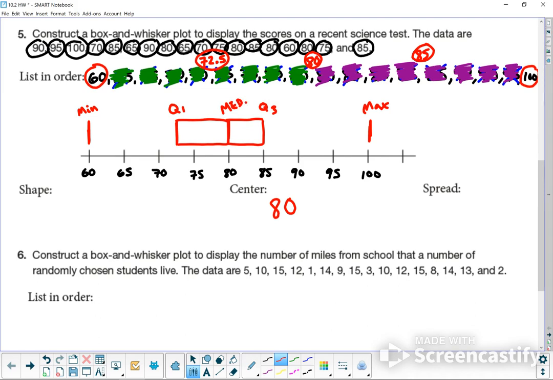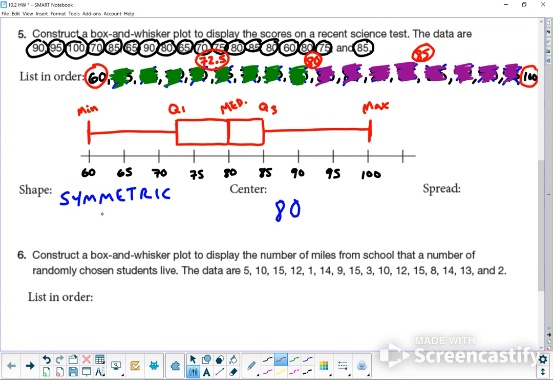Okay, the shape. No, I mean, this you can kind of say it's a little skewed to the right, but I'd say this is pretty symmetric. Okay, so I would say you can say symmetric. Or you can kind of say, if you're just looking here, looks like it's a little heavier on the left hand side.